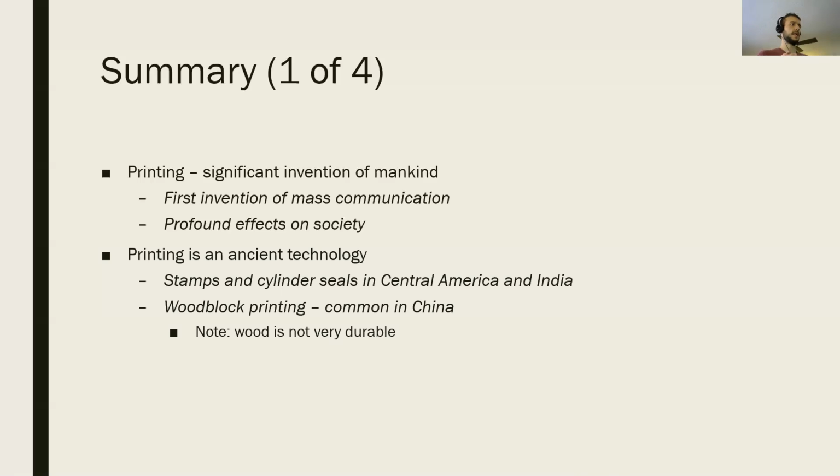Now, one thing to note is that wood is not a very durable material for printing. Over time, if it's used repeatedly, it wears down a little bit. And we also noted that in China, movable type had been invented around the year 1000 AD. This is pretty significant because movable type is often an invention associated with Gutenberg.